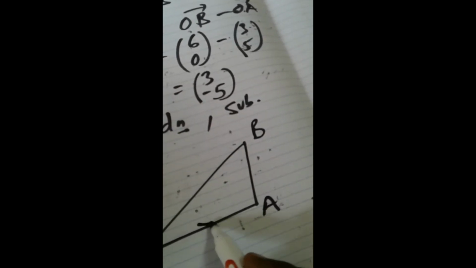Now, if we talk of addition and subtraction of vectors, let's consider a triangle OAB, such that OA is given as a single letter, say a, then AB is given by a single letter, say b, and this is OB.